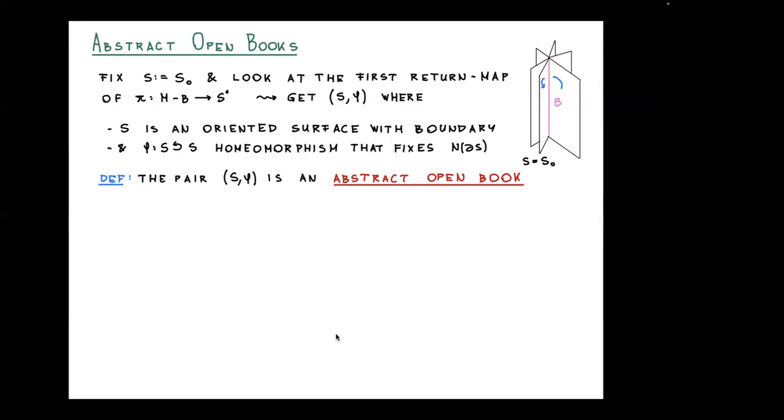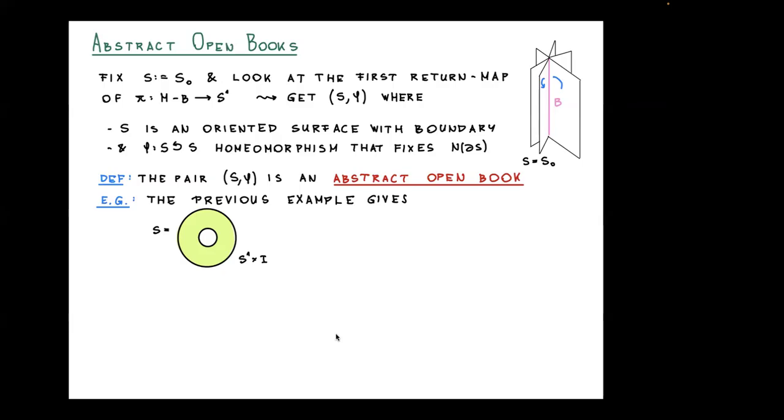Then, forgetting the whole story I told you before, I can just define an abstract open book to be a pair: a page, which is a surface with boundary, and a monodromy, which is a homeomorphism that fixes the neighborhood of the boundary of the page.